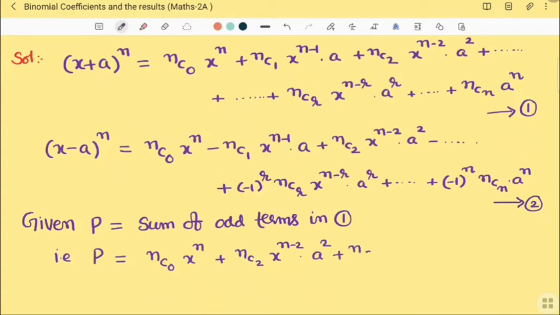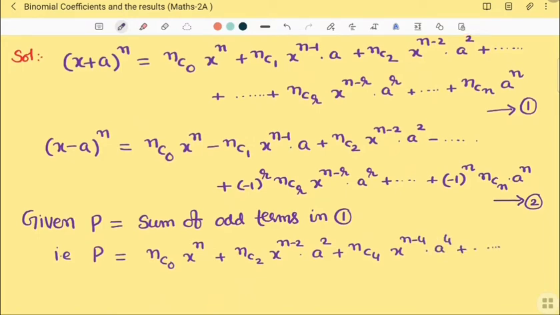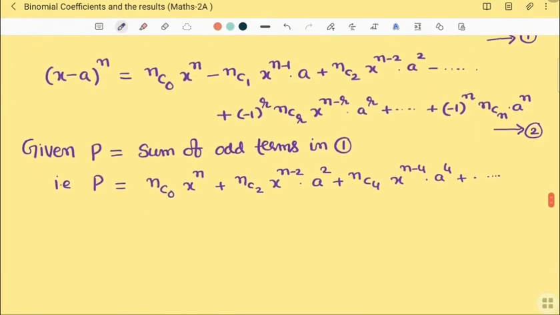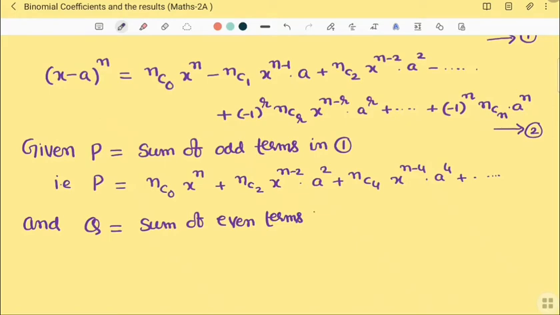Next nC4 will come, obviously, x power n − 4 a power 4, plus and so on. Similarly, Q is equal to the sum of even terms in the expansion 1.